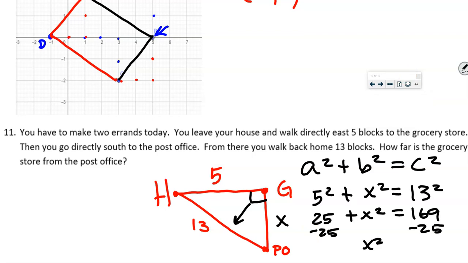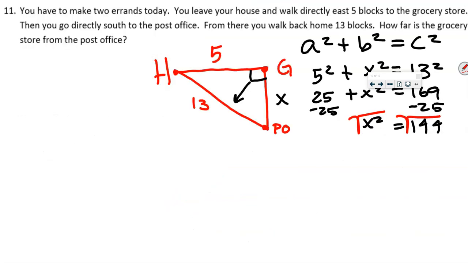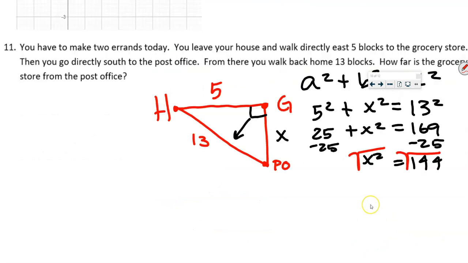X squared equals 144. So hopefully all of y'all know the square root of 144 is what? It's 12. Now look, we don't care about the negative 12 here, because distance can't be negative. So this is 12 blocks is our answer.